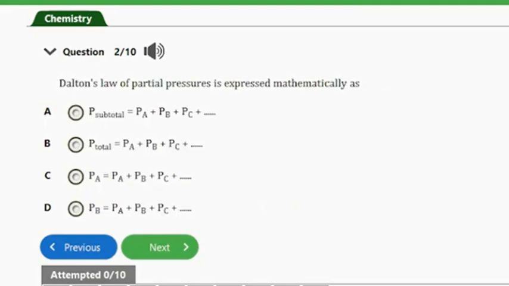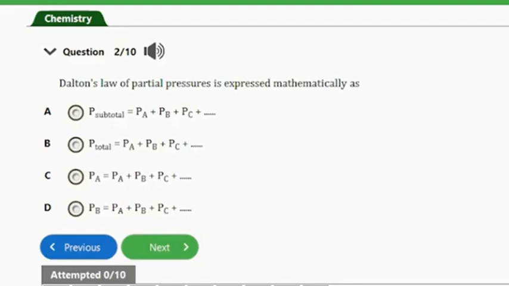That's question number 2. So here the question says, Dalton's law of partial pressure is expressed mathematically as, option A here says, P total is equal to P of A plus P of B plus P of C, and so on.